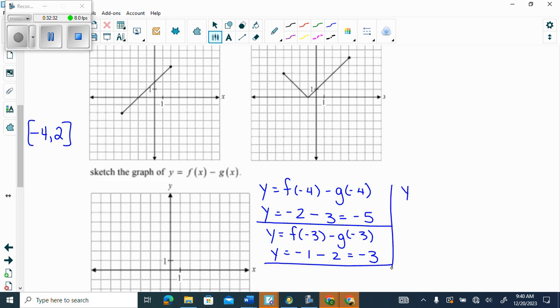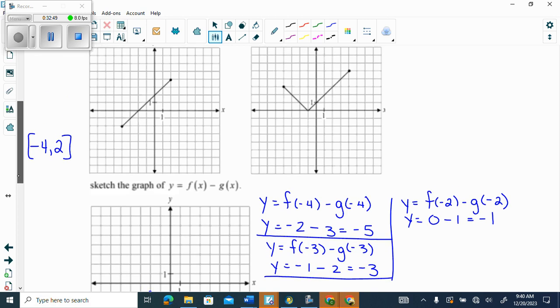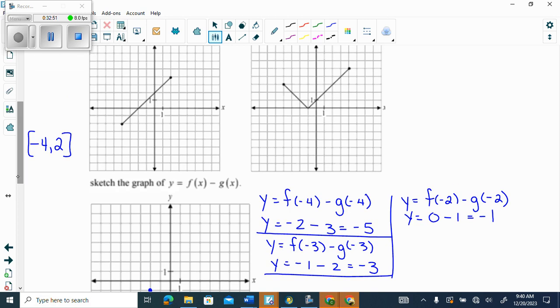Then y equals f of -2 minus g of -2. So y equals 0 minus 1, which is -1. So -2, -1. Then I get y equals f of -1 minus g of -1.